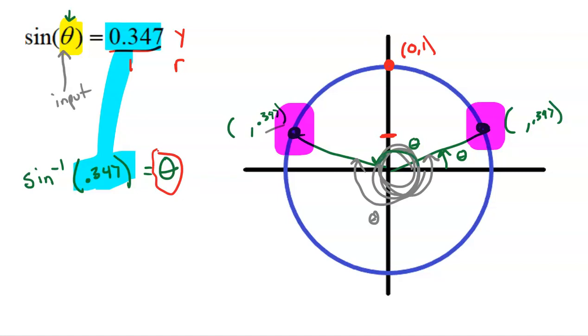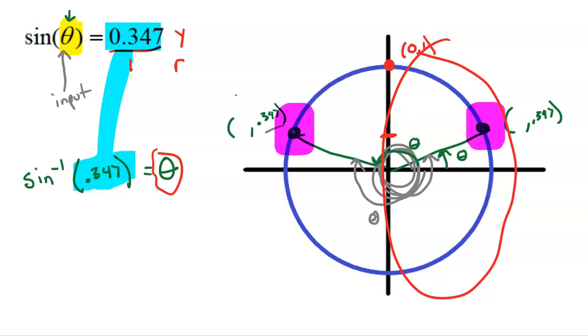So what we do to fix this problem is we adjust the definition of the inverse. So we say, okay, to get one and only one angle, I have to only look at the right side of the graph. Because on the right side of the graph, my y values, which is what sine represents from the unit circle, do not repeat themselves.